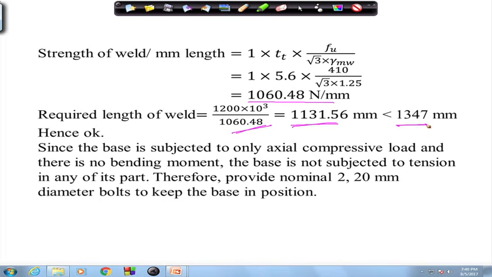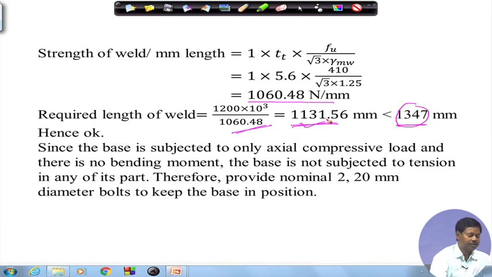And if we see the available length is less than this, then what could we do? Then in that case we have to increase the size of the weld, so that the length of weld can be kept less, right. So, in this way we can find out the required length of weld, and we can distribute the length of weld evenly throughout its periphery and fulfill this total required length of weld.